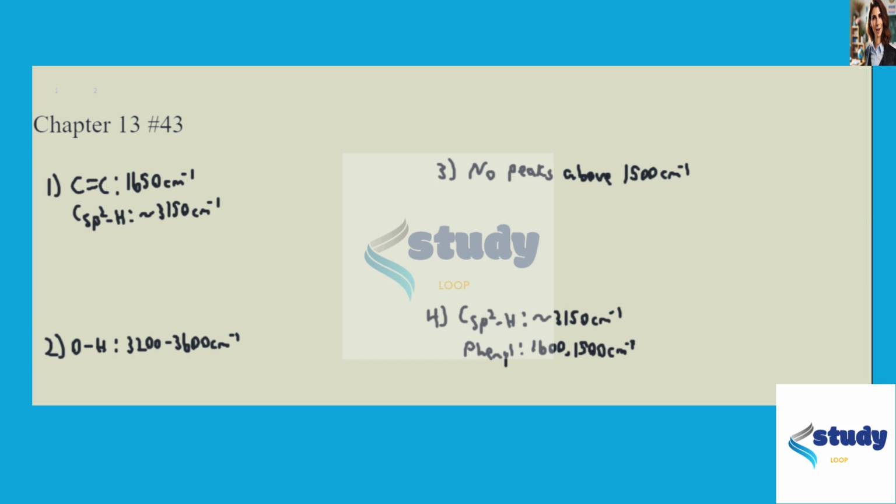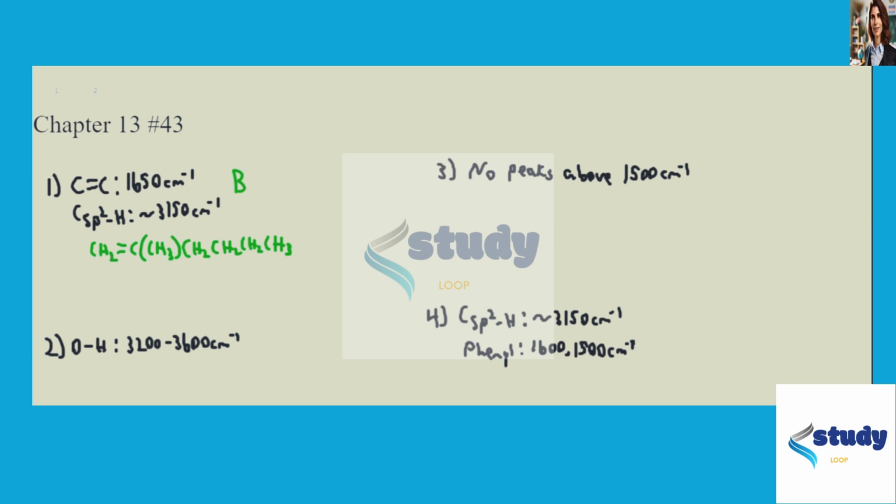So I'm going to say that spectrum 1 corresponds to B. B is this: CH2, C, CH3, CH2, 1, 2, 3, 1, 2, 3. So that's spectrum 1. It corresponds to molecule B because really the only feature is the double bond.